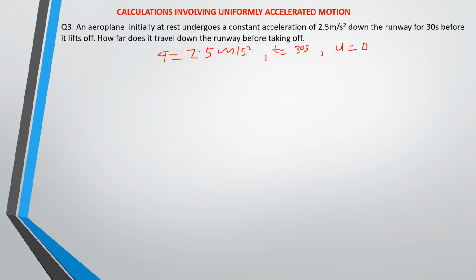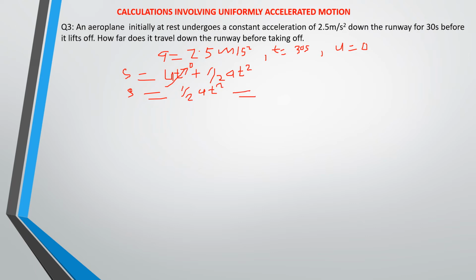So from the second equation of motion, we have that s, which is the distance traveled, is equal to ut plus half at squared. Now, since u is equal to 0, this part of the equation is equal to 0. So your s will now be equal to what? Half at squared. So substitute into this equation.